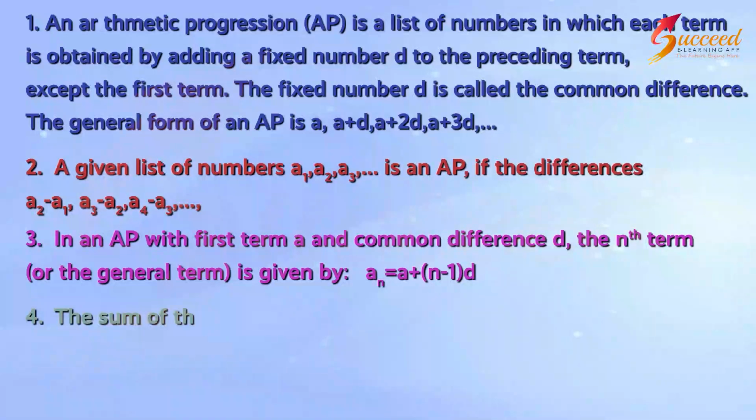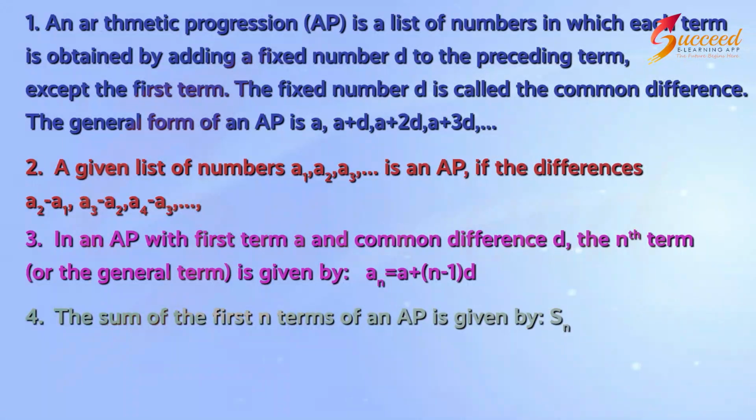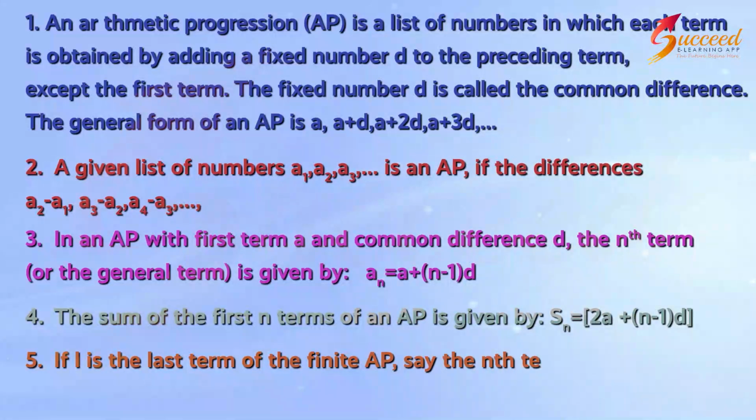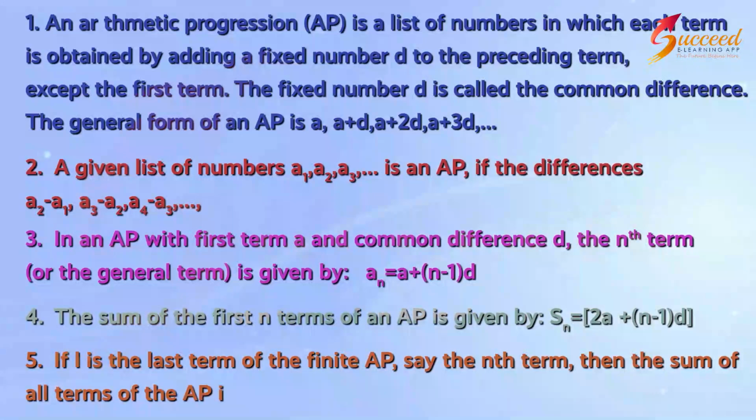Fourth point, the sum of the first n terms of an arithmetic progression is given by Sn equal to n by 2 into 2a plus n minus 1 into d. Last point, if an is the last term of a finite arithmetic progression, say nth term, then the sum of all terms of the arithmetic progression is given by Sn equal to n by 2 into a plus an.